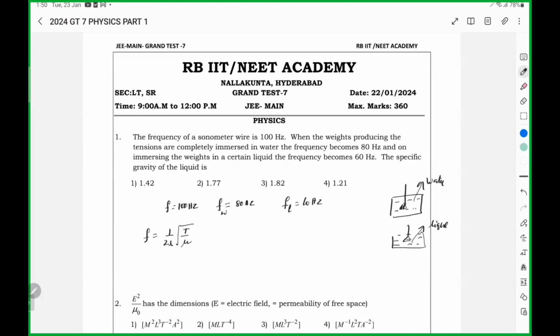Actually, here this is lambda by 2, which is L, where lambda is 2L. So n is v by lambda, that is v by 2L, where v is the velocity of the wave generated in the string. Here mu is the mass per unit length.